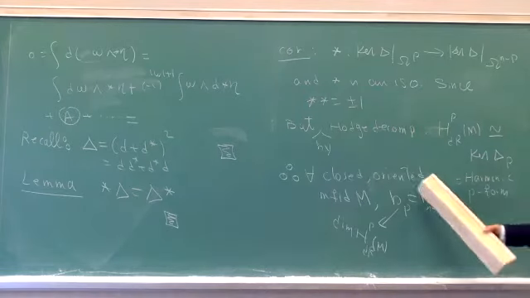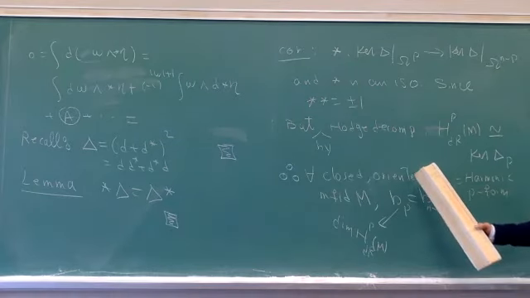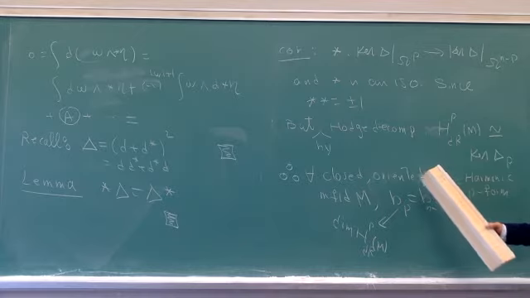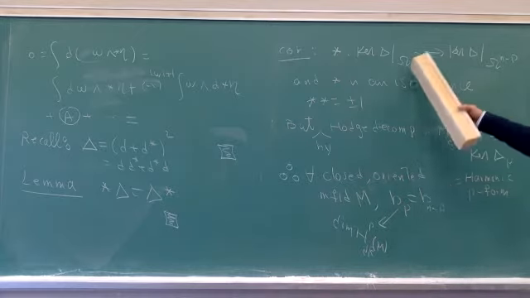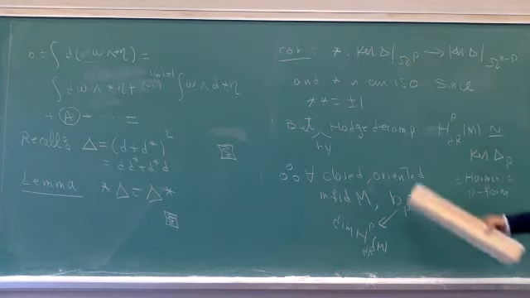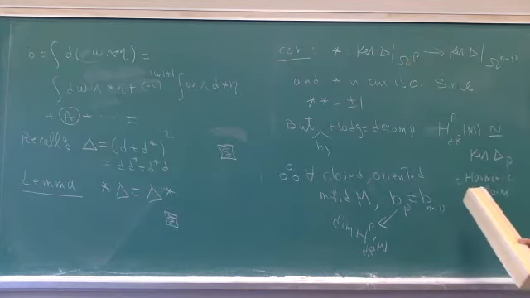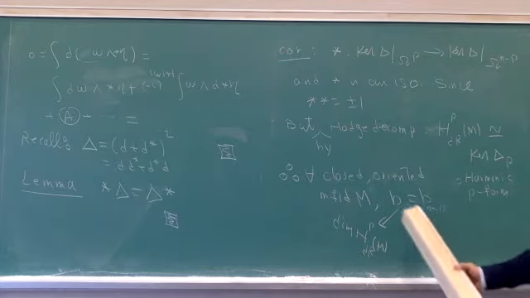Notice that I'm not assuming any Riemannian metric here, right? The idea is to put a Riemannian metric on it, use this Hodge result, and then you get something which is completely topological. And of course, this is Poincare duality.